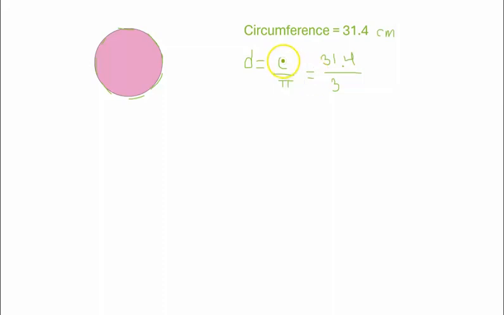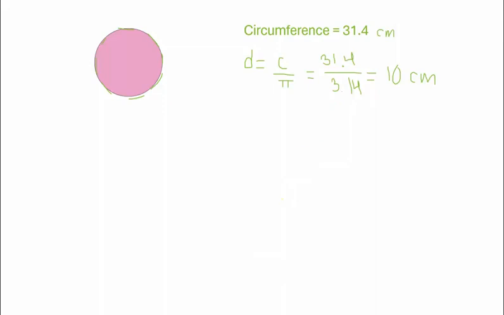We know here that the diameter has to be C over pi, which is equal to 31.4, because that's the circumference, over 3.14, which is what we're using as the approximation for pi. So if we do this division, we are going to get 10 centimeters.